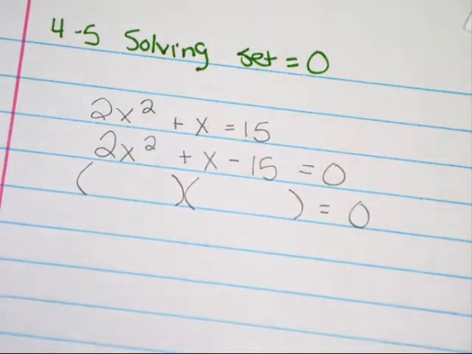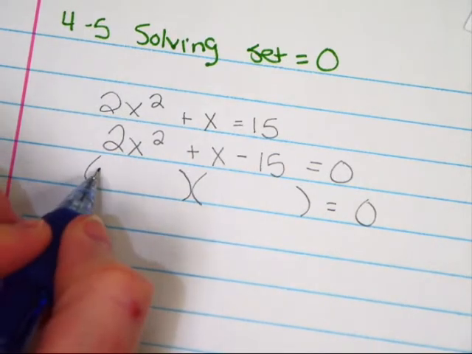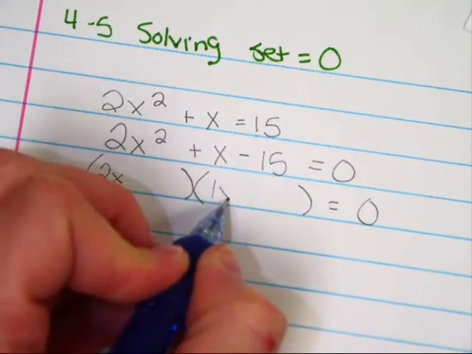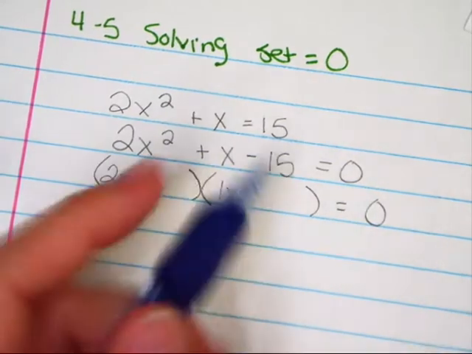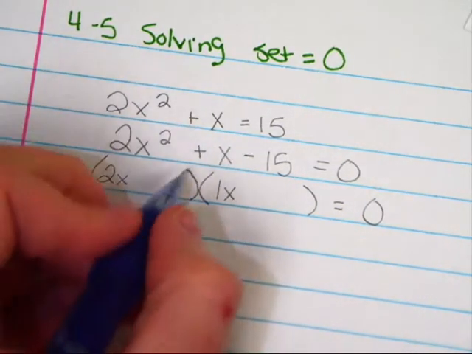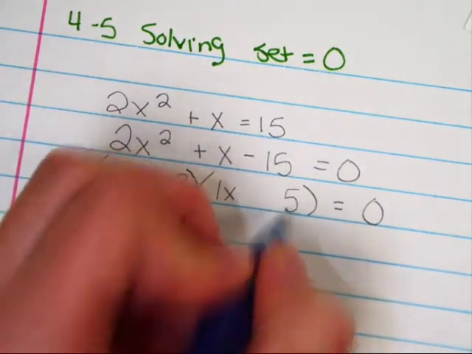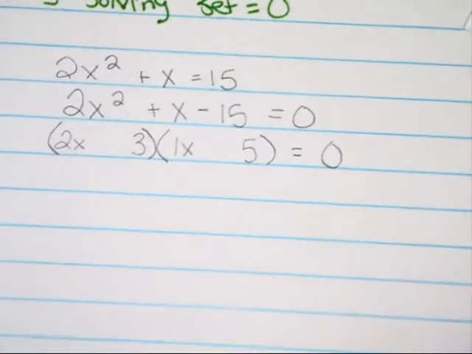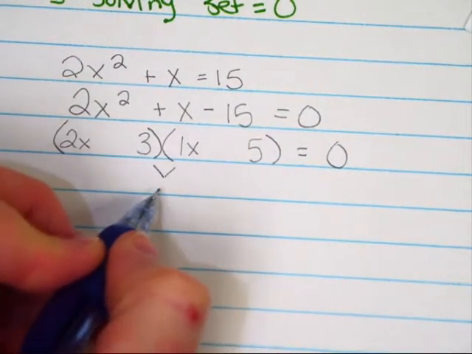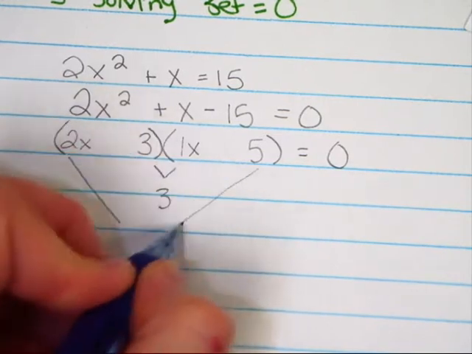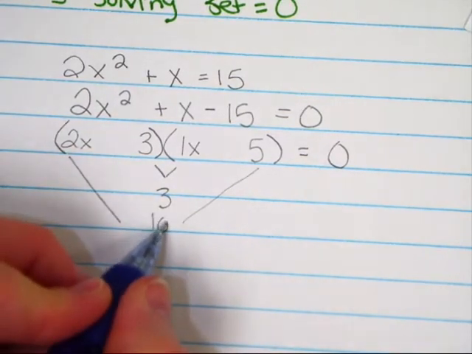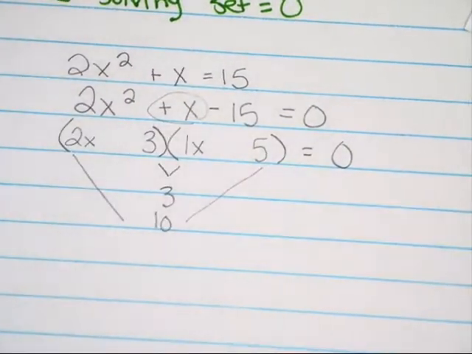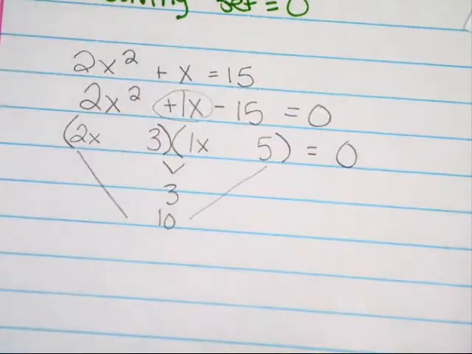The good news is you know the factors of 2x are 2x and 1x. Now the factors of 15 you can guess, 3 and 5 maybe. Let's test it out. 3 and 1 makes 3, 2 and 5 makes 10. That'll never give me the 1 that I need in the middle.